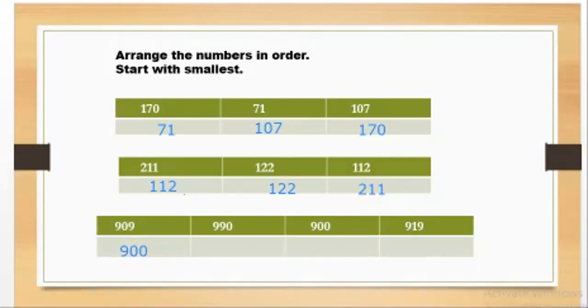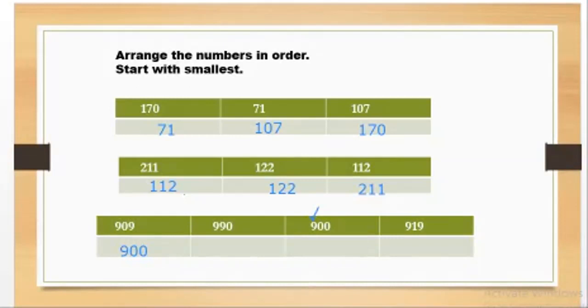So you are going to mark it as something you have already written. Now let's compare the rest of the three numbers. That is 909, 990, 919. So which is the smaller number? Can you figure it out?